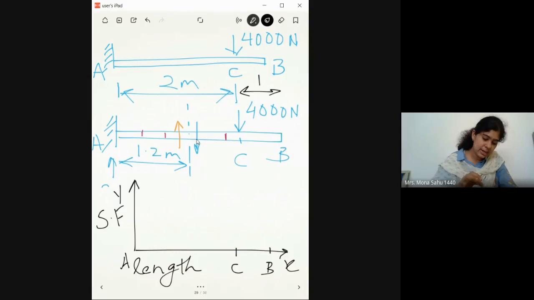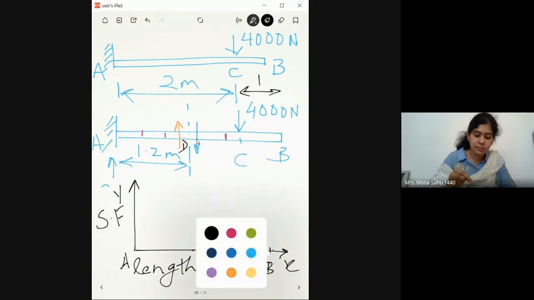All right, and let's take another point here, D. Can you tell me what will be the shear force at point B? There is no shear force on B, correct? So it's going to be 0.